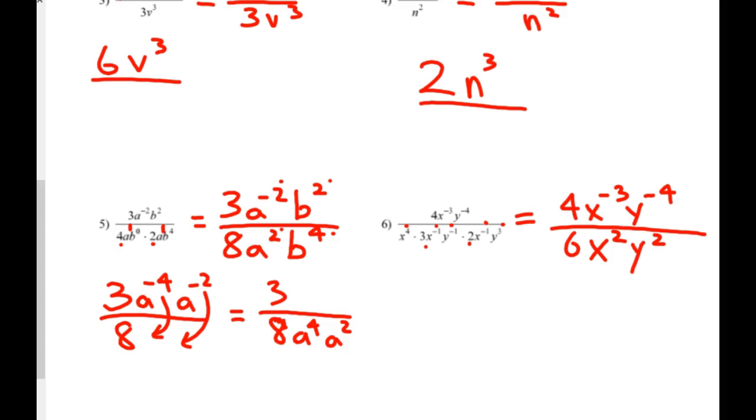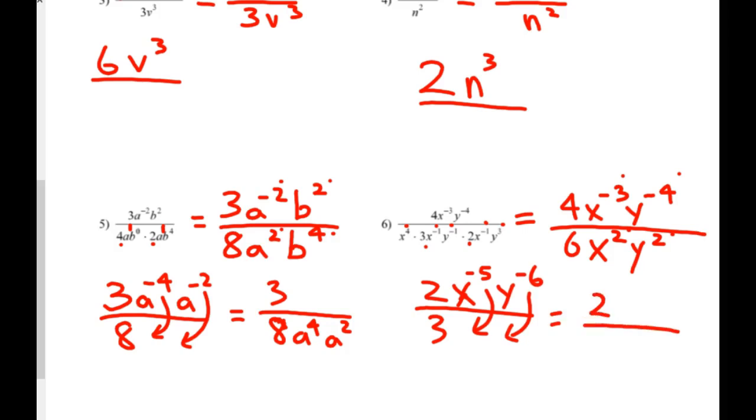Let's reduce. 4 over 6 is 2 over 3. So negative 3 minus 2, negative 4 minus 2. Bring those down. And that's it.